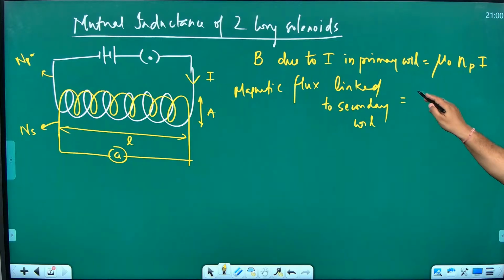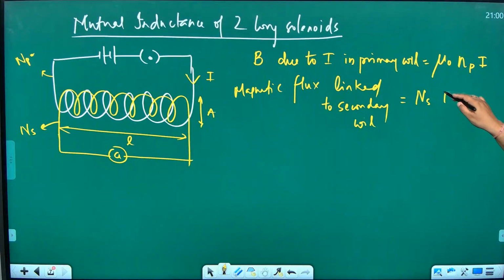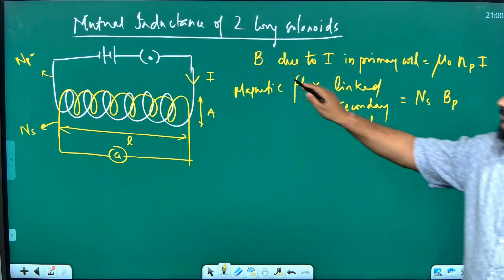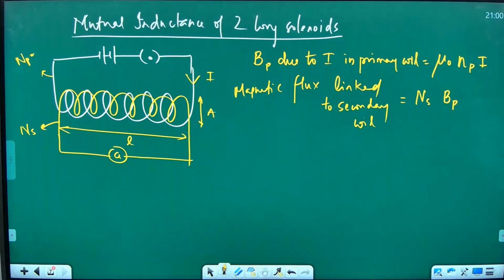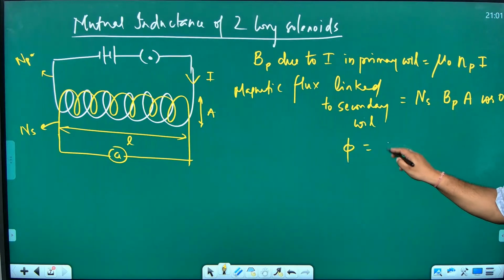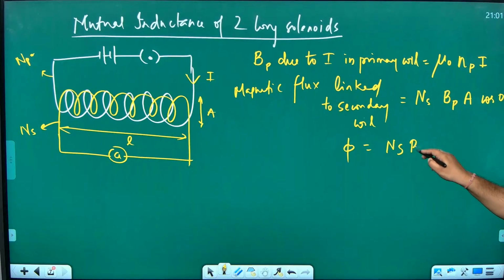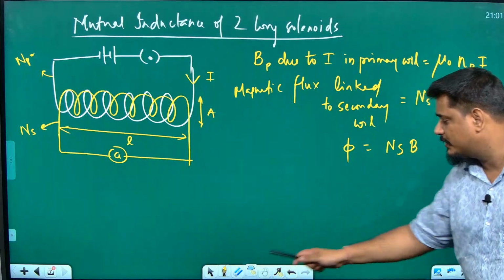Now N here will be the number of turns in the secondary coil, am I right? Into the magnetic field produced by the primary coil, into the area, both are the same, A, into cos 0, so it will be 1, no problem in that. So I am going to get total flux phi is equal to NS BP.